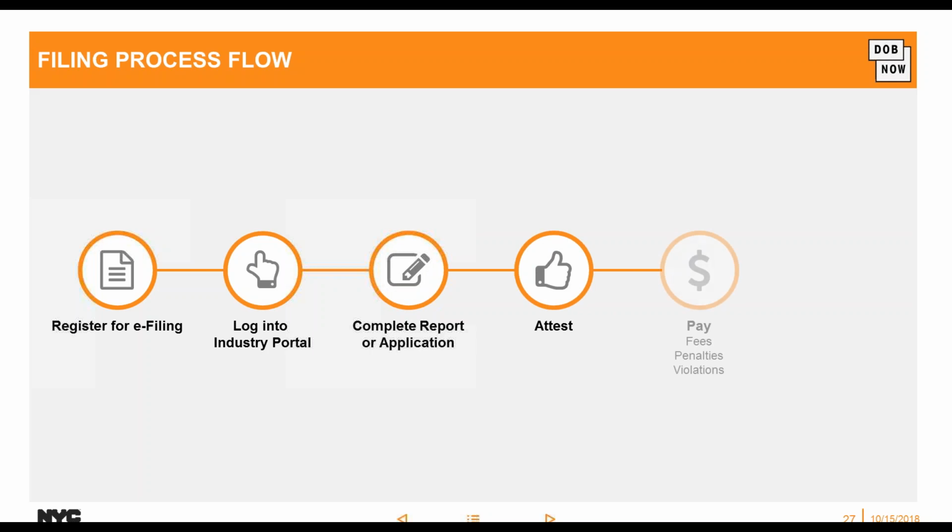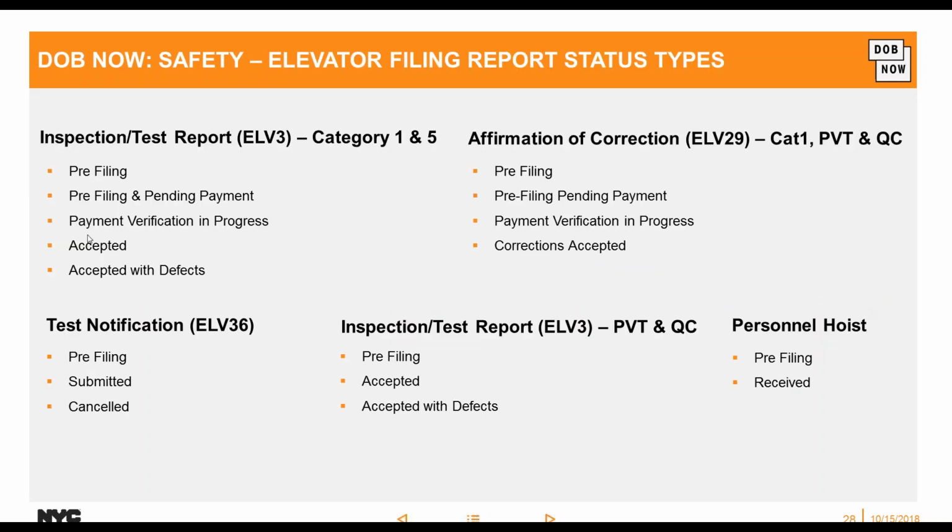Filing process: register for e-filing, log into the industry portal, complete report or application, attest, pay the fees, penalties, or violations, submit, auto file under review. And these are the different filing statuses, elevator filing report statuses, inspection test report, ELB3. All the statuses start out with pre-filing.